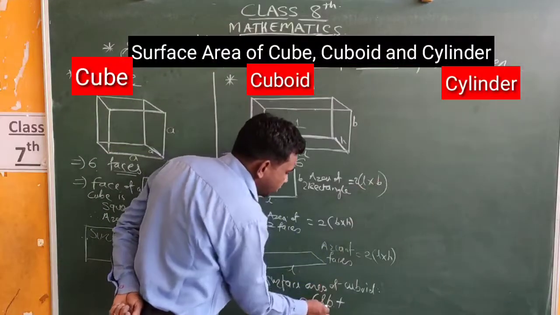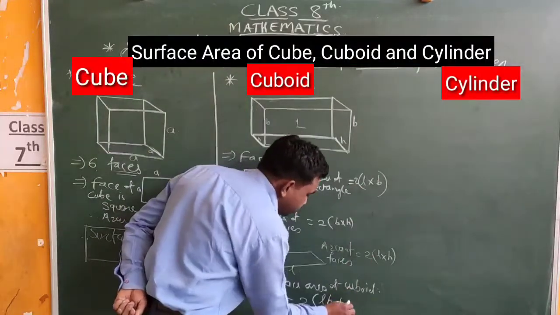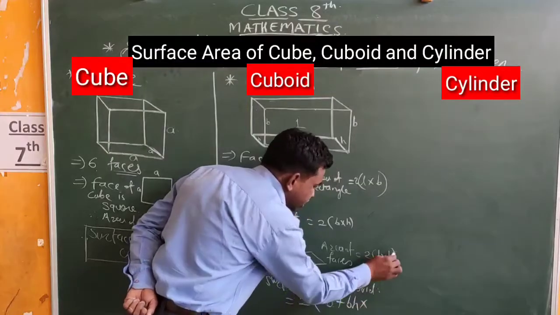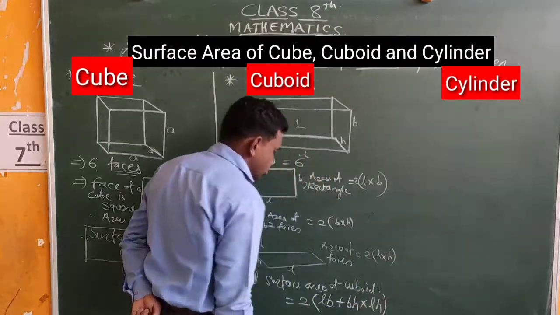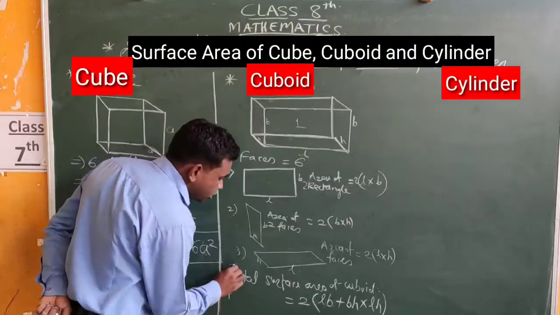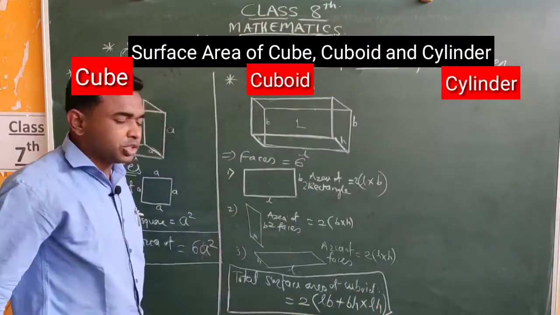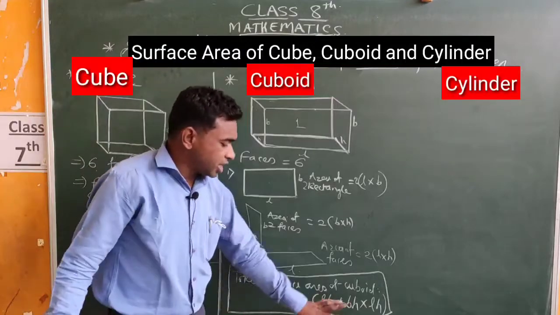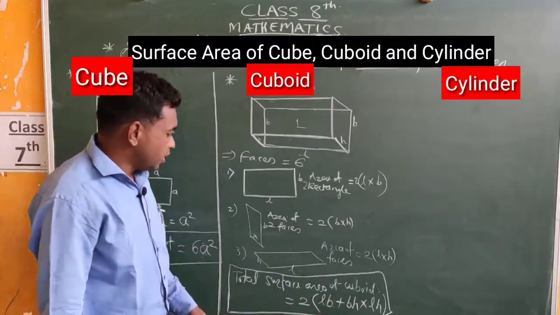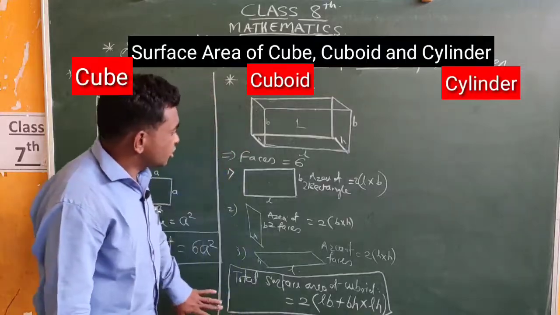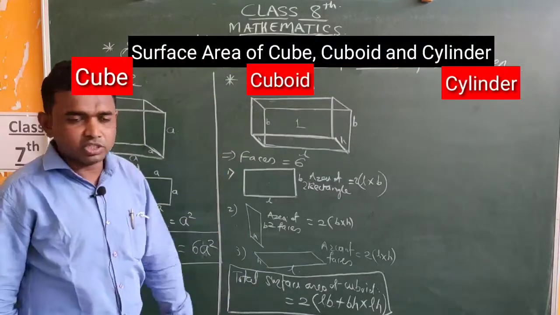So L into B, LB, then B into H, BH, and after that L into H, LH. So the formula of the total surface area of the cuboid is equal to 2 into bracket LB plus BH plus LH. This is the formulation of the cuboid.